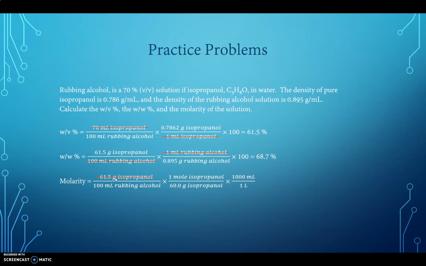We can cancel the grams of isopropanol in the first step with the grams in the second step, and then we can cancel the milliliters in the first step with the milliliters in the third, and we end up with moles on the top and liters on the bottom, and that is exactly the units that we should have for molarity. So you can always write molarities as either moles per liter, or you can use the capital M, which is simply an abbreviation for molarity, or moles per liter.